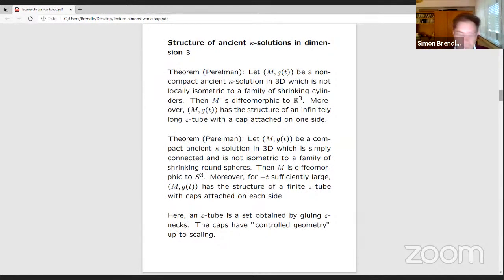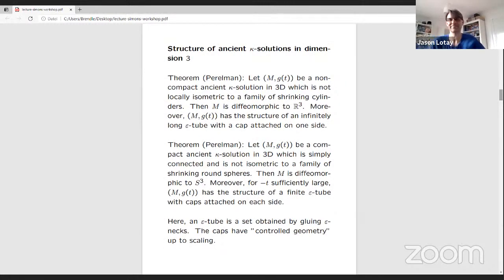It works in a somewhat similar fashion to arguments in mean curvature flow, for example in Xu-Jia Wang's paper, where he constructs what's called the flying wing soliton, and that's done by a limiting argument. Perelman's construction is basically in that spirit. Thank you. Okay, let me tell you what's known about these ancient kappa solutions.